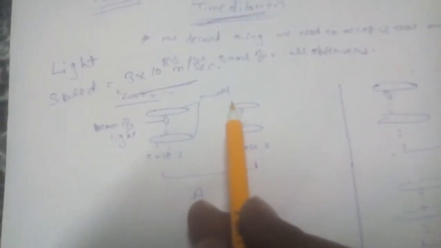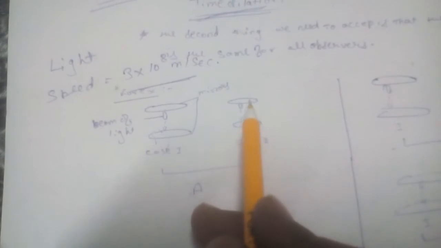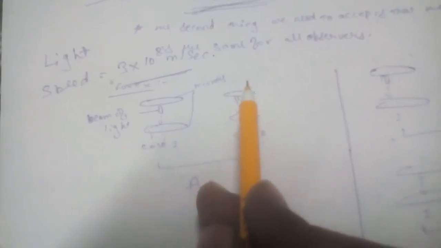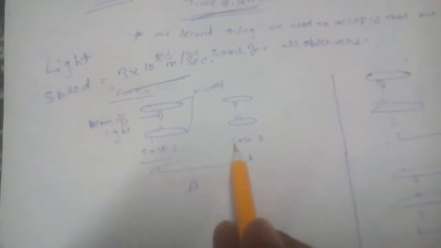Let's replicate this setup, so we have another beam of light being reflected between another set of mirrors. We take two more mirrors and set up a beam of light the same as in case 1. We name them case 1 and case 2.